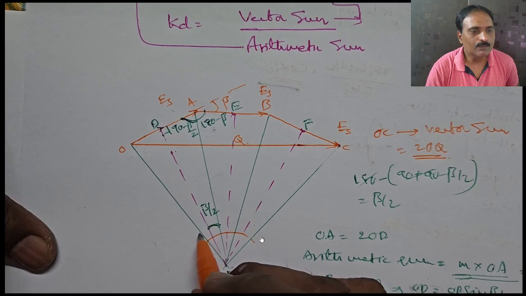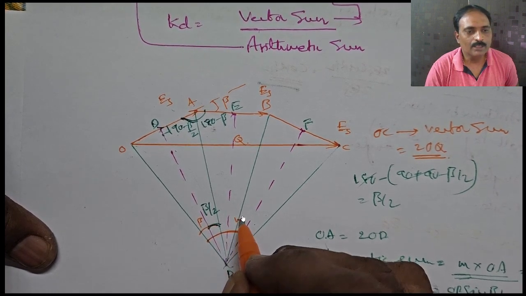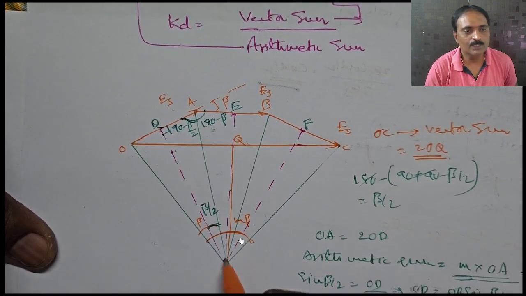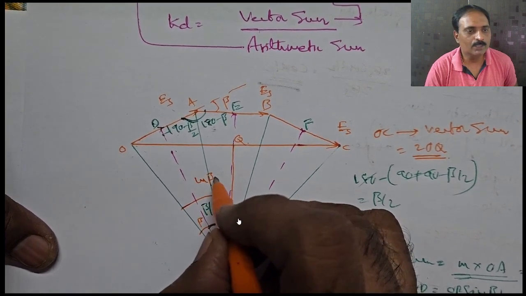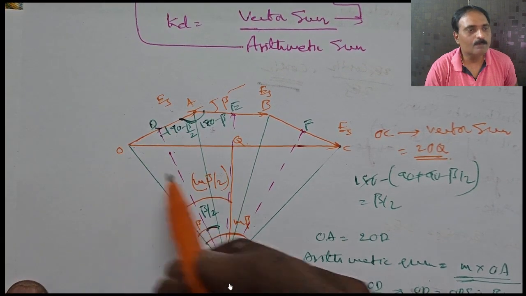Here this entire angle will be equal to m into beta, because this small angle is beta, and like that totally we are going to have m number of betas, so that this phase spread angle will be equal to m into beta. Half of this will be equal to m into beta by 2. And now this OQP is a right angle triangle.